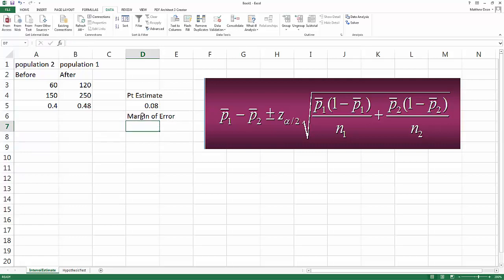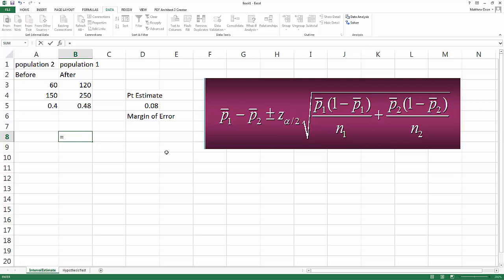Right? So let's do this in pieces, perhaps. Let's do the thing under the square root first. So the first part here is P bar 1 times the quantity 1 minus P bar 1, divided by its sample size.